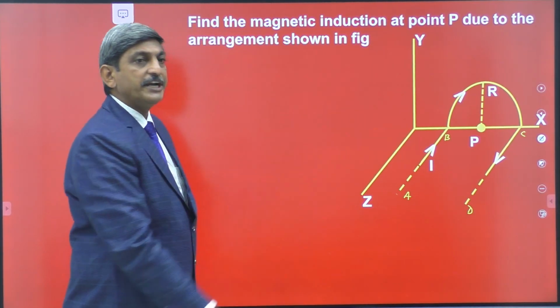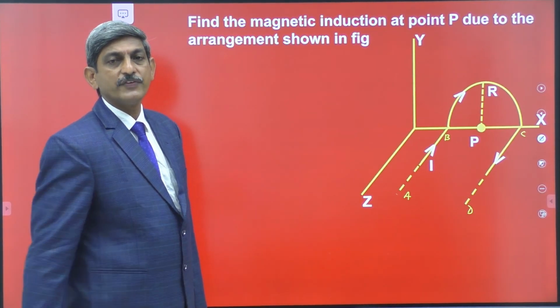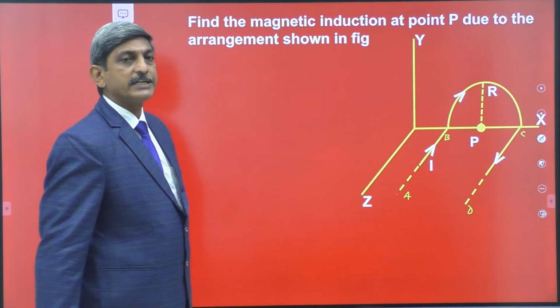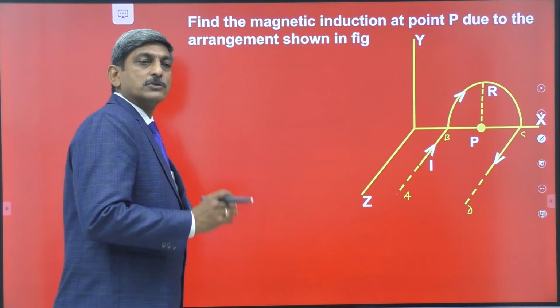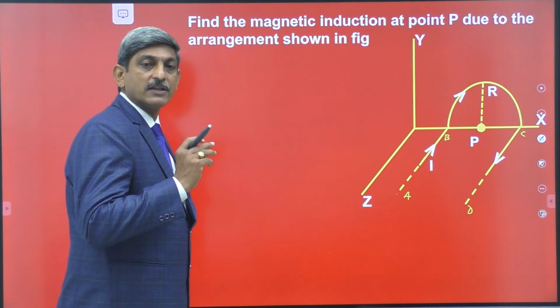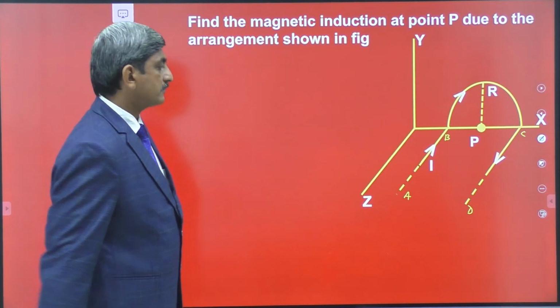So because of this three-dimensional arrangement, we are going to determine the magnetic induction at point P. Further, we have to identify the direction of the magnetic field in vector form.